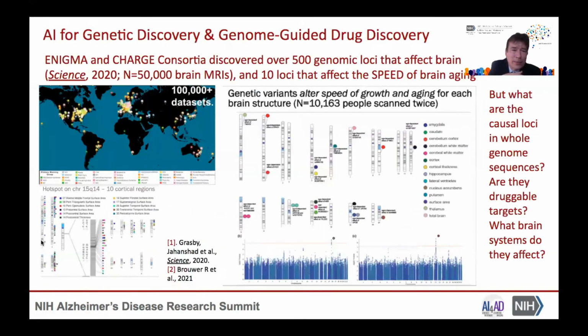We've also been very much involved in discovery of markers in the genome that affect brain structure and disease risk. We've discovered over 500 genomic loci that affect brain structure and over 10 that affect the speed of brain aging. But we're very interested in what are the causal loci in whole genome sequences. Are these druggable targets? What brain systems do they affect?